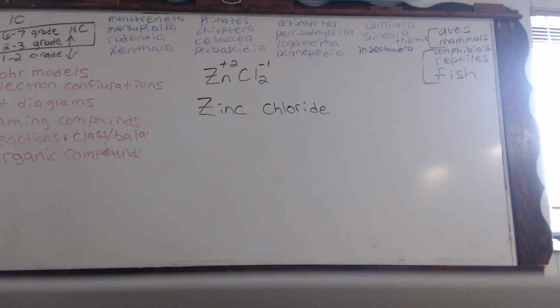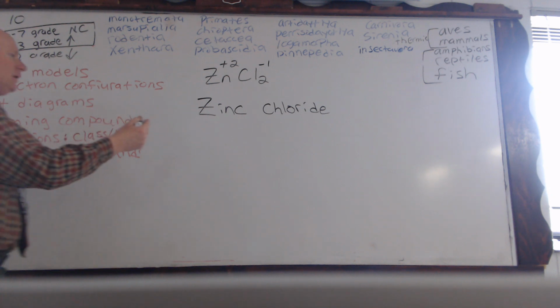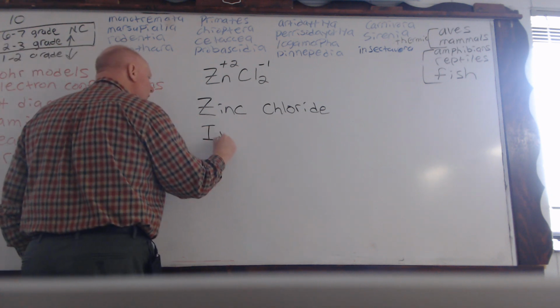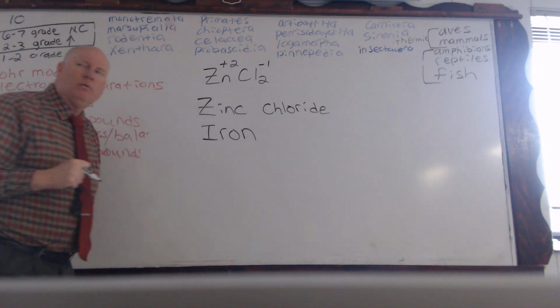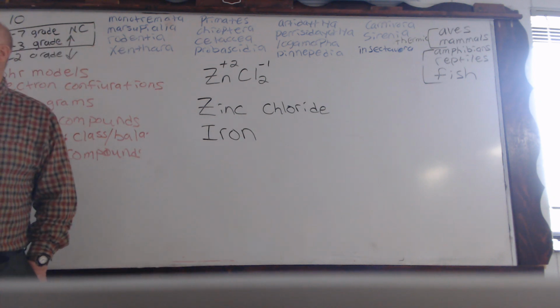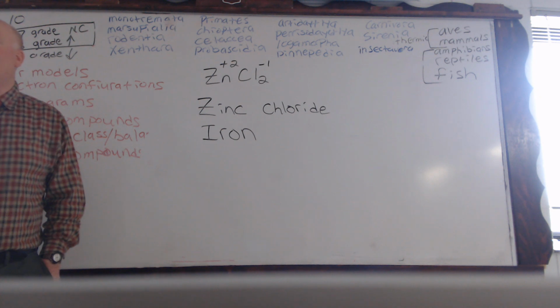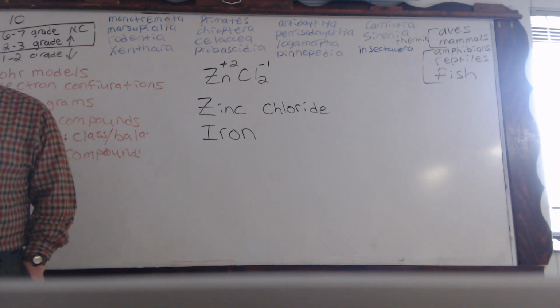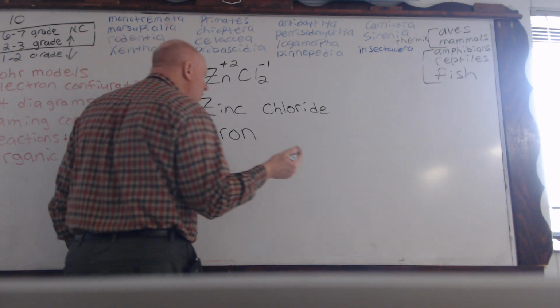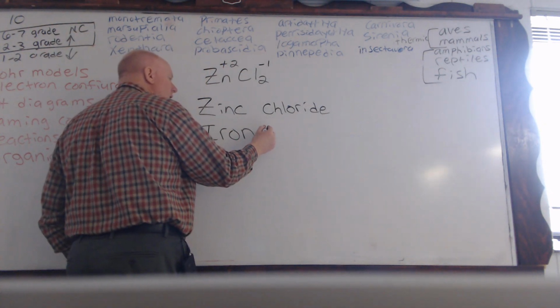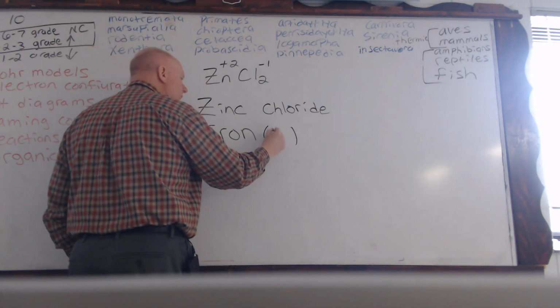It doesn't have to be out of there, but you could use tin, antimony, lead, or mercury. So with that, iron. What type of iron? Why would we be asking what type of iron? So we said 2. How do we know we're referring to iron 2? You put the parentheses.